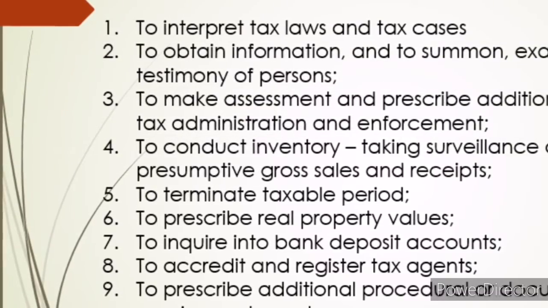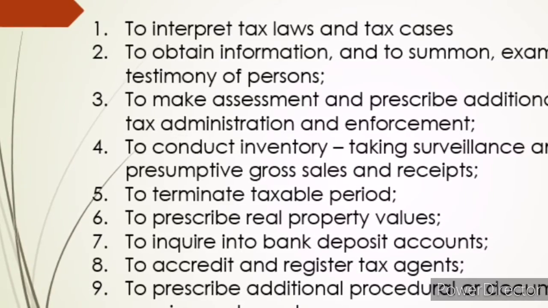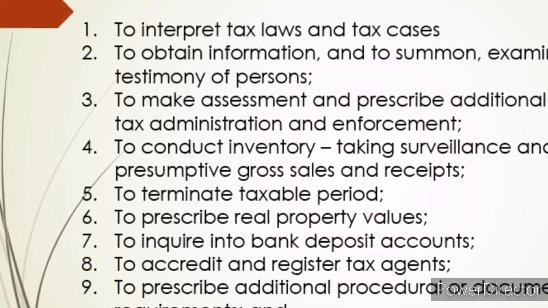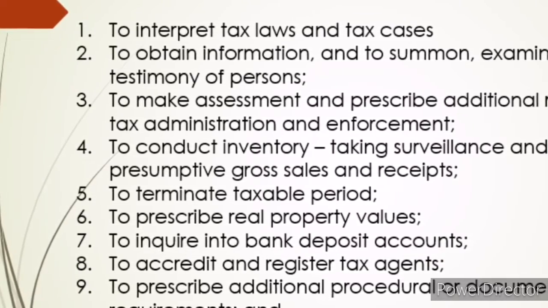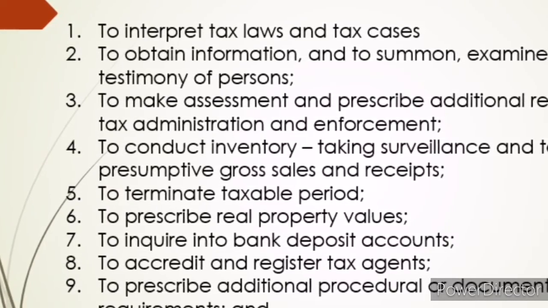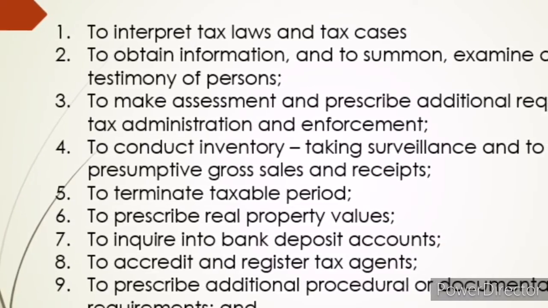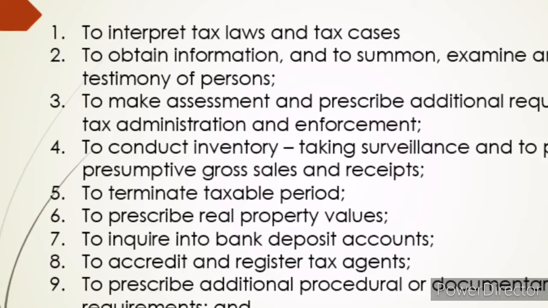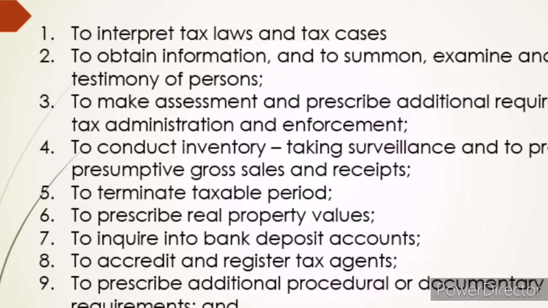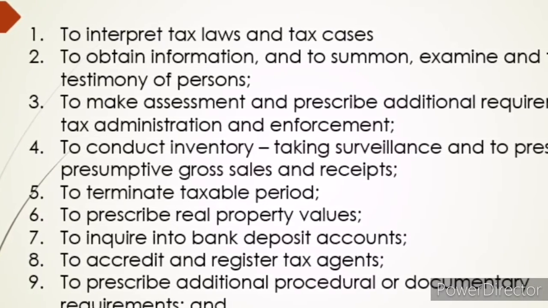Powers of the Commissioner of Internal Revenue. Number 1, to interpret tax laws and decide tax cases. Number 2, to obtain information and to summon, examine, and take testimony of persons. Number 3, to make assessments and prescribe additional requirements for tax administration and enforcement. Number 4, to conduct inventory-taking, surveillance, and to prescribe presumptive gross sales and receipts.